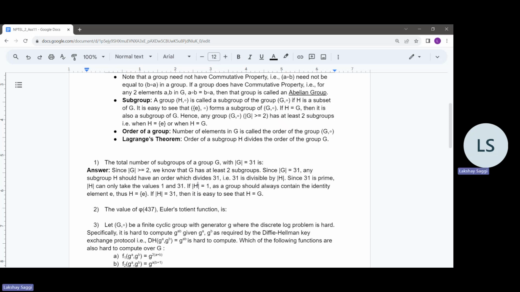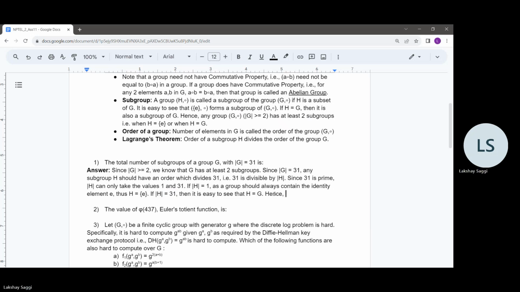So note that there are two choices for H. If the order of H was 1, there was only one choice, the element E. If the order of H was 31, then H can only be equal to G. So we have only two choices for subgroups.